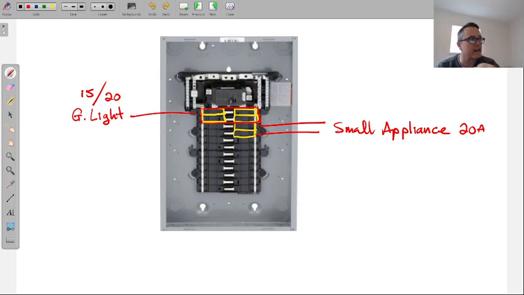So this leads, as it is right now, to bigger questions. A lot of times you try to catch as much as you can. You know, maybe let's add another small appliance load here. But new construction these days has to account for a lot of stuff. There's mandatory EV stations now going into houses.